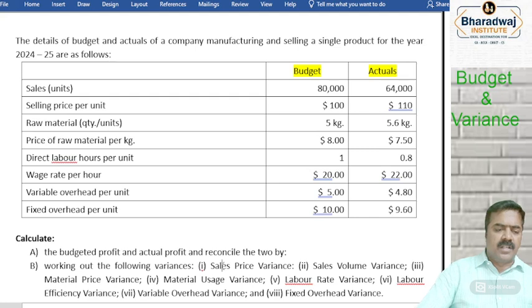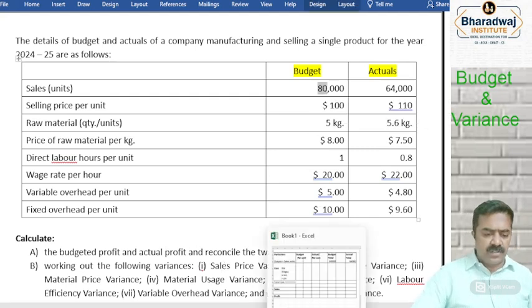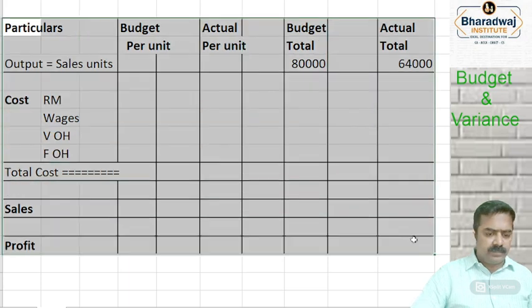First, for this question, I request you to prepare the budget and actual for these 80,000 units and 64,000 units in this format.